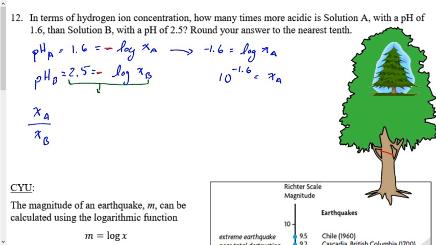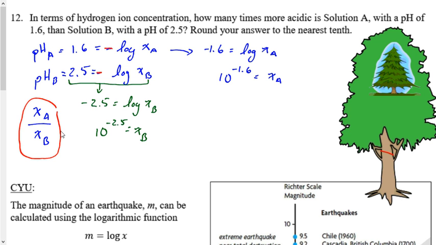I need to divide -1 on both sides, so I'll have -2.5 is equal to the log of XB, and then in exponential form, 10 to the exponent -2.5 is equal to XB. Again, this is the ratio that I want to evaluate. So we'll say XA over XB is equal to 10 to the -1.6 over 10 to the -2.5.